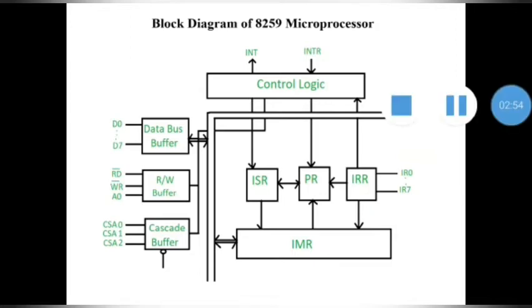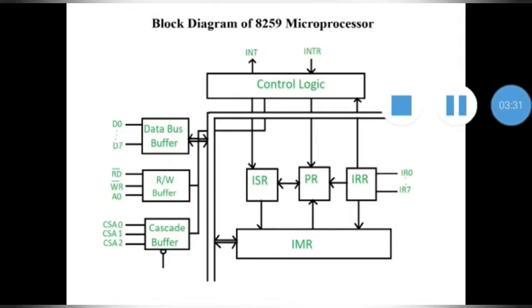The second block in this diagram is the ISR. ISR is the in-service register, and this register stores all the interrupt requests that are being processed. Means it keeps track of the requests that are being processed.